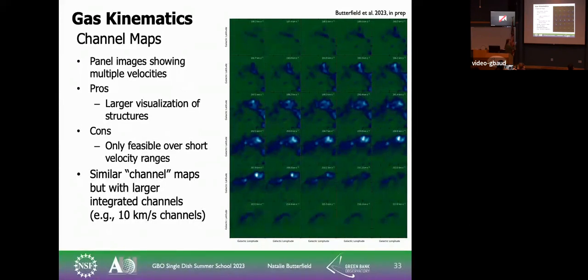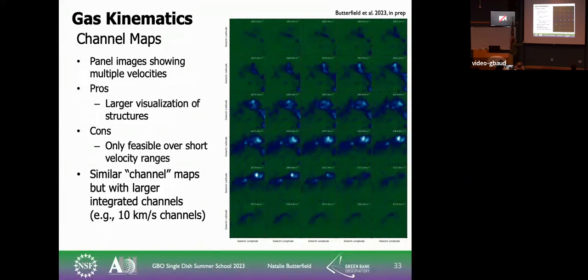However, it's really only feasible over short velocity ranges. If you're trying to do this for a galaxy where you have hundreds of channels, it becomes unfeasible. Now, you can do something similar with channel maps, but for larger integrated channels, so you don't have to use the native resolution of your image.